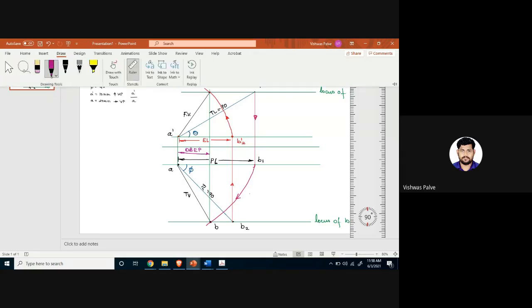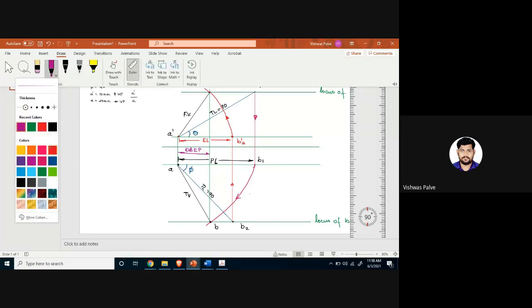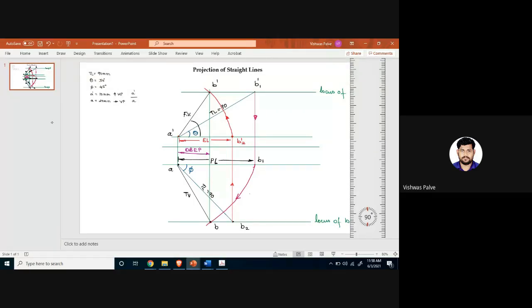Then there are angles which we are going to refer to. This angle is called alpha, the inclination of the front view, alpha. The inclination of the top view is beta.